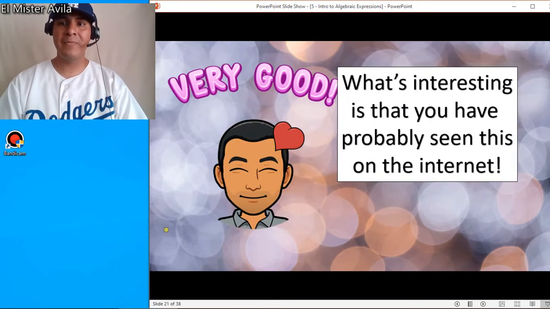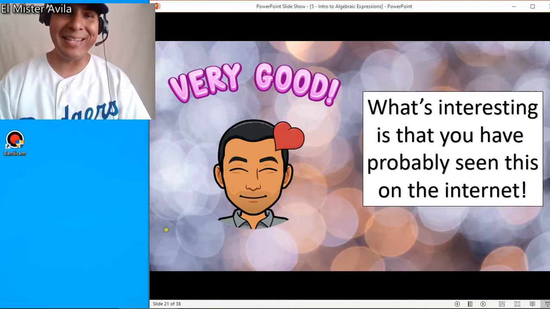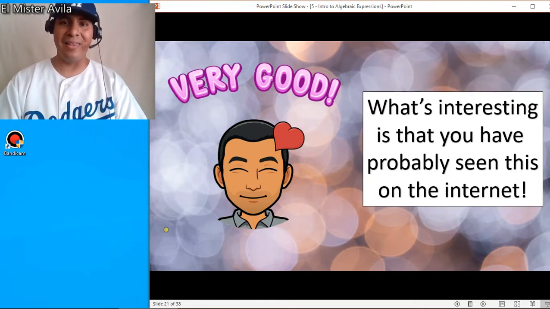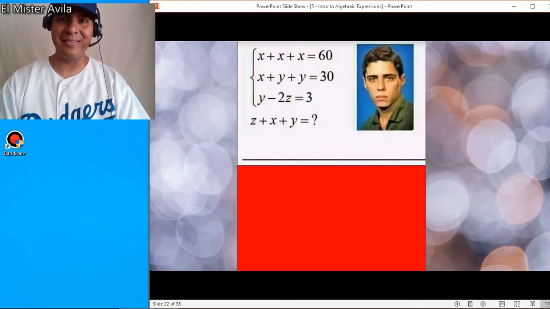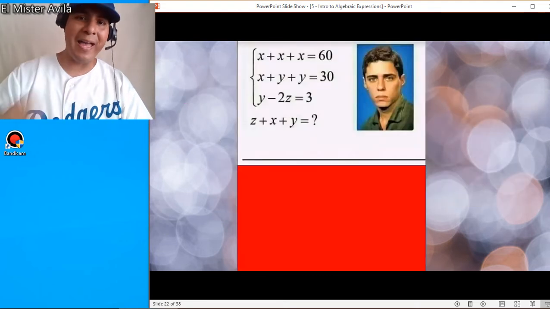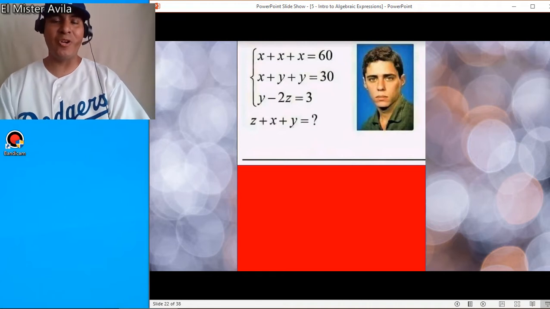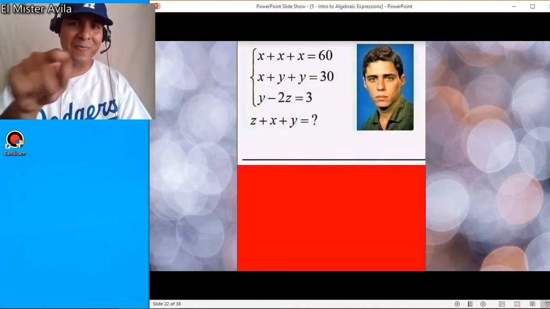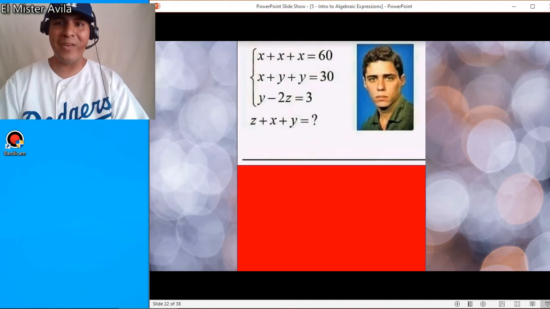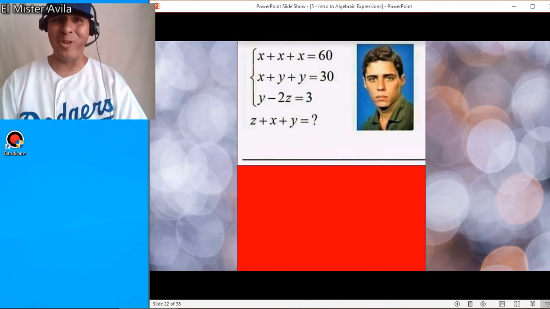Good job, everybody. Turns out you've probably seen algebra on the internet a lot. It's all over the place, but they disguise it like this. So here's a system of algebraic equations where we're trying to find what is the value for x and the value for y and the value for z. And you look at this, you're like, I don't want to do that.